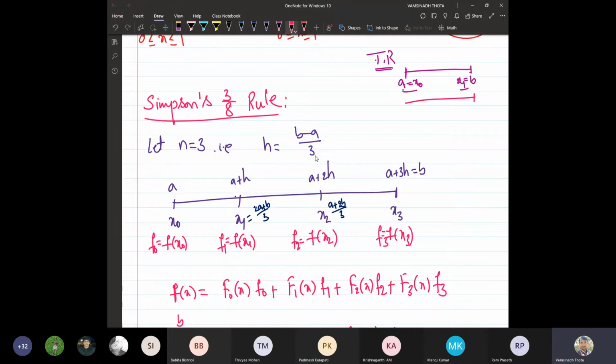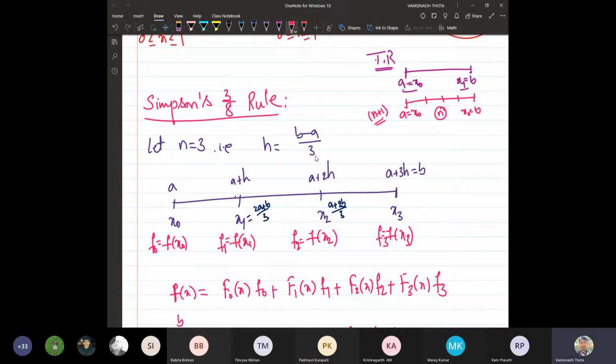for the same interval, we have used the technique called composition. That is, by dividing the interval into n number of subintervals, with n subintervals you will have n plus 1 nodal points.